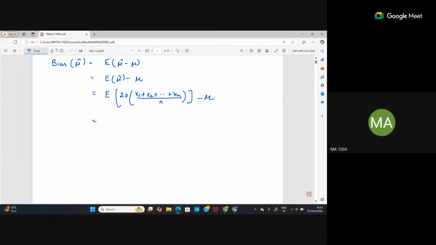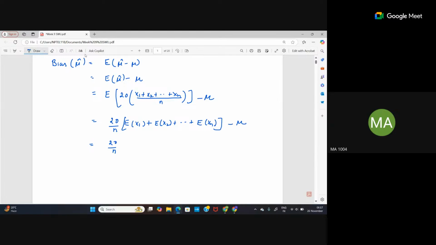So it will be 20 by n, which is a constant, so we can write it outside the expectation. Then it will be expectation of x1 plus expectation of x2 up to expectation of xn, right? Is this clear?